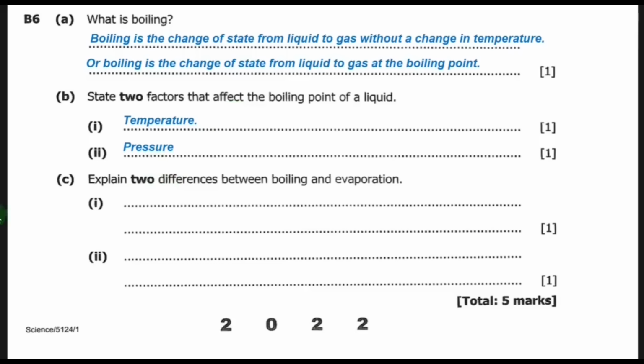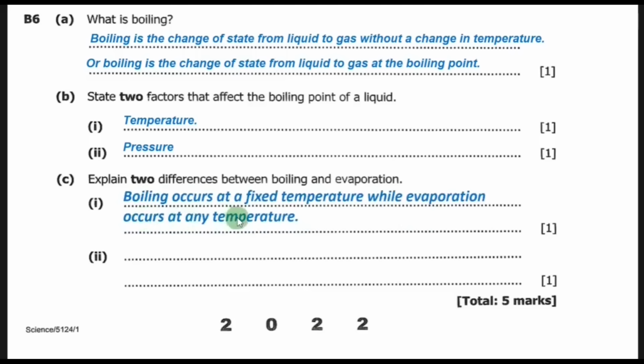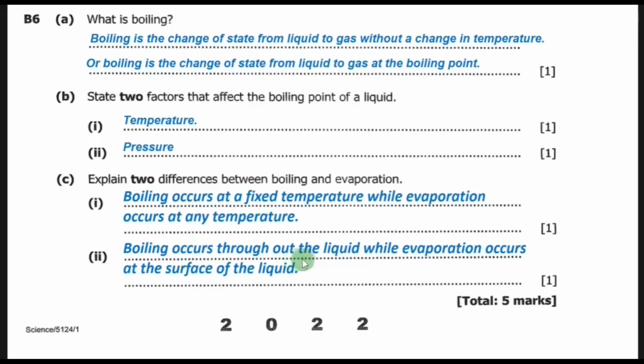All right, so let's go to C, which says explain two differences between boiling and evaporation. So the differences are that boiling occurs at a fixed temperature, while evaporation occurs at any temperature. Then 2, boiling occurs throughout the liquid, while evaporation occurs at the surface of the liquid.